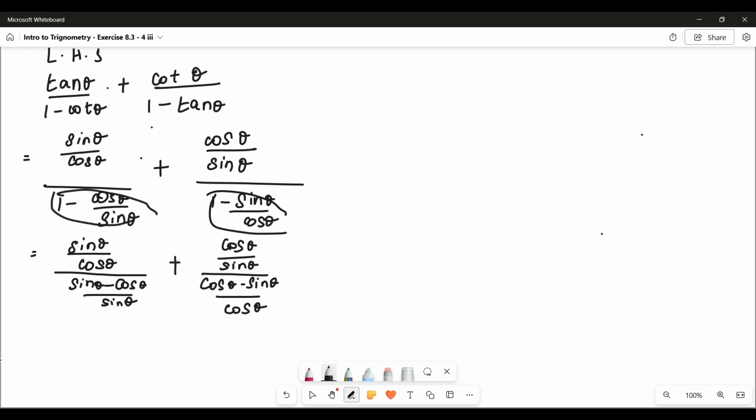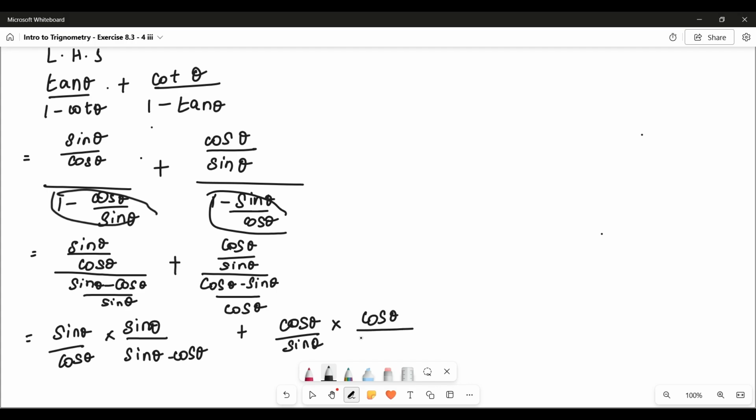After this step, we'll take the reciprocal of the first term and the second term separately. This becomes sin theta over cos theta times, when you take the reciprocal, the denominator goes to the numerator, sin theta over sin theta minus cos theta. The same thing happens for the second term: cos theta over sin theta times cos theta over cos theta minus sin theta.